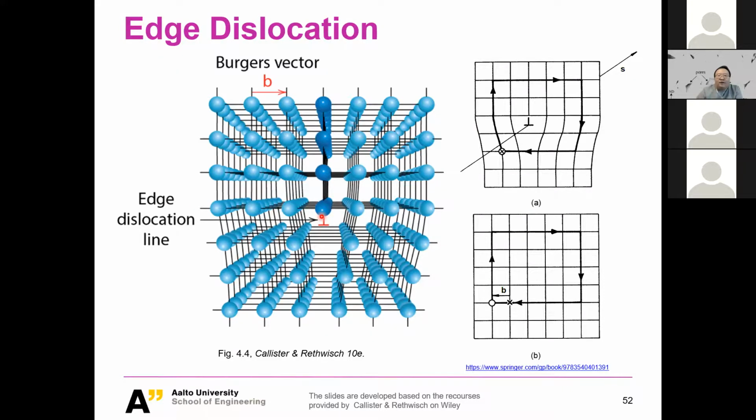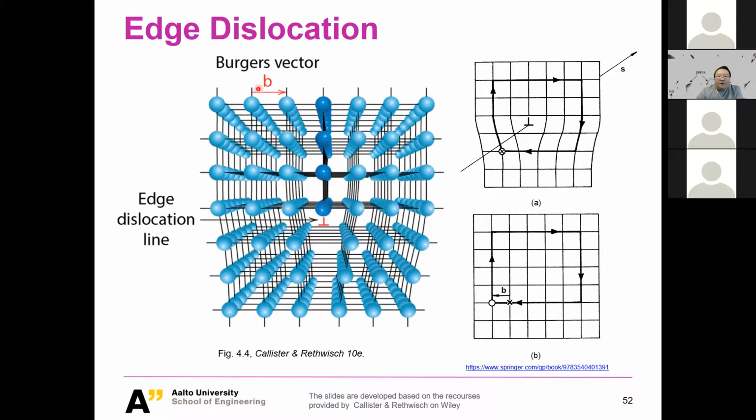Two important characteristics about edge dislocation. First of all, this line, here is the so-called dislocation line, because here is the line where you insert this area of atoms.